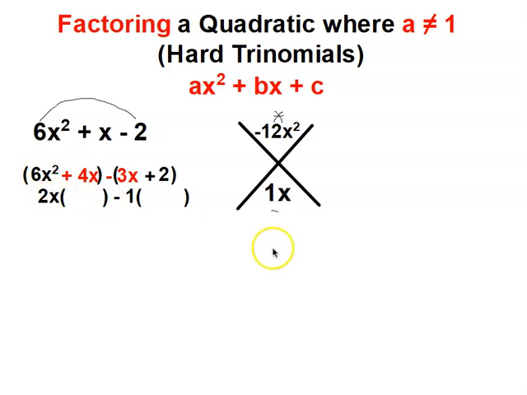So 6x squared divided by 2x would be a 3x. Bring down the plus. 4x divided by 2x would be a 2. And on this one, I can take out only a 1. There's nothing else that will go into both 3x and 2. So I will bring that down.